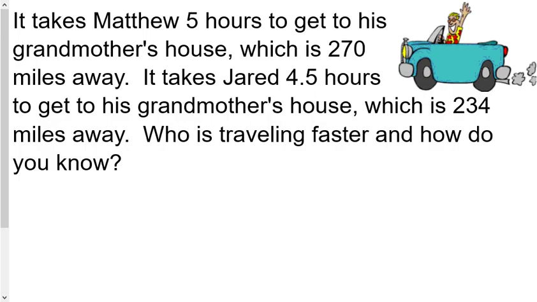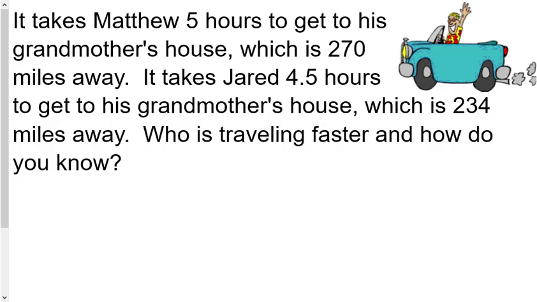So what we're looking for here is a rate of speed. And if you think about it, speed is measured when we're driving. Speed is measured in miles per hour. So that's what we want to know, the number of miles per hour. That's what we want to be able to compare. So what we have to do is find the number of miles per hour for each of them, and then we can compare them.